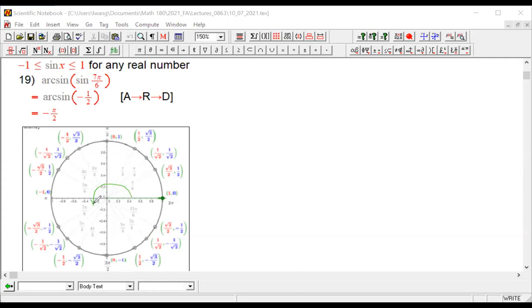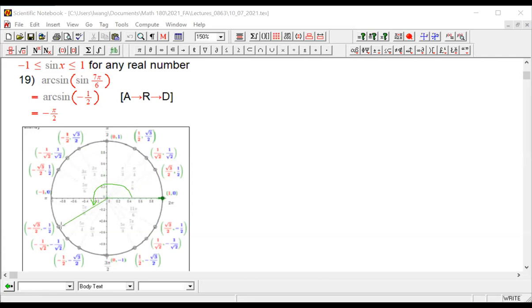D is a definition. In this case, the definition is the sine definition. It's a ratio of y over r, which is negative 1 over 2 in this case. That's negative half. That is the D, isn't it? Yes, that's a D. You labeled A, you labeled R, and labeling D would complete the visual representation of what you are telling us, ARD.